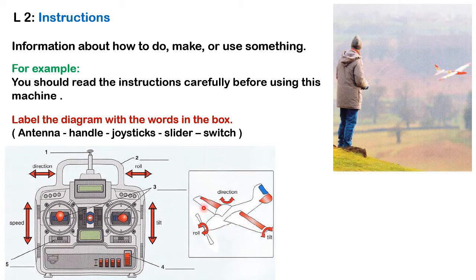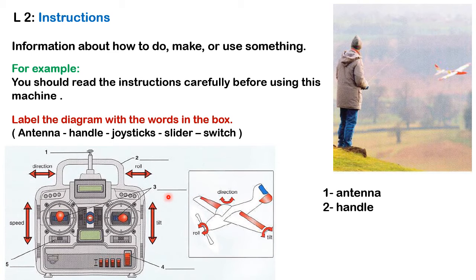Alright, so back to the remote control. We have here number 1 to number 5. So what's number 1 here, guys? What do you think? Yes, number 1 is antenna. Great. Number 2 here is this here. Yes, it's handle.